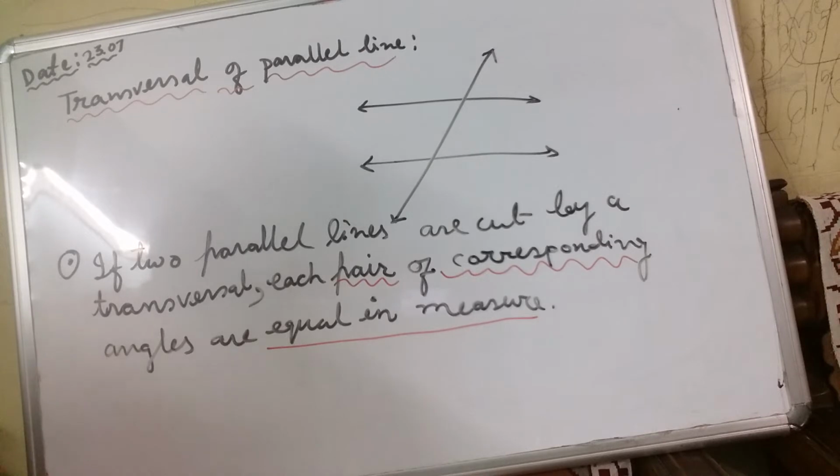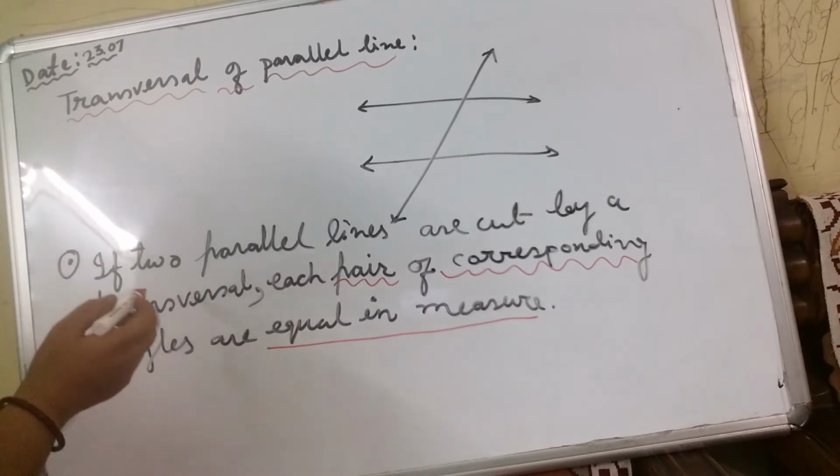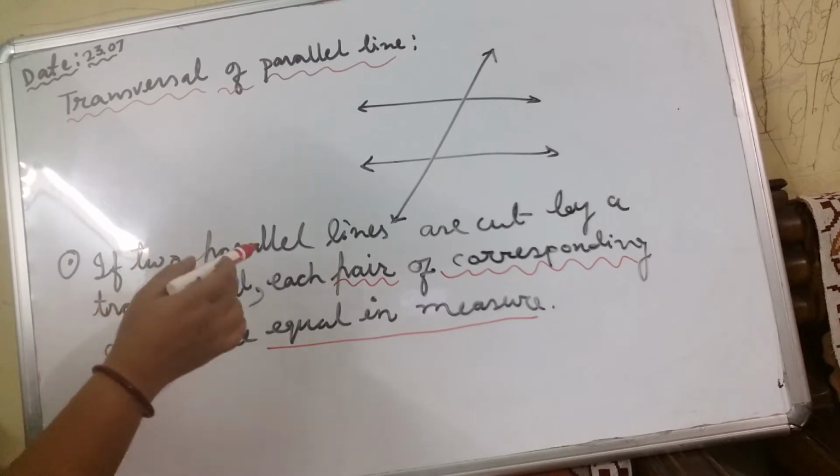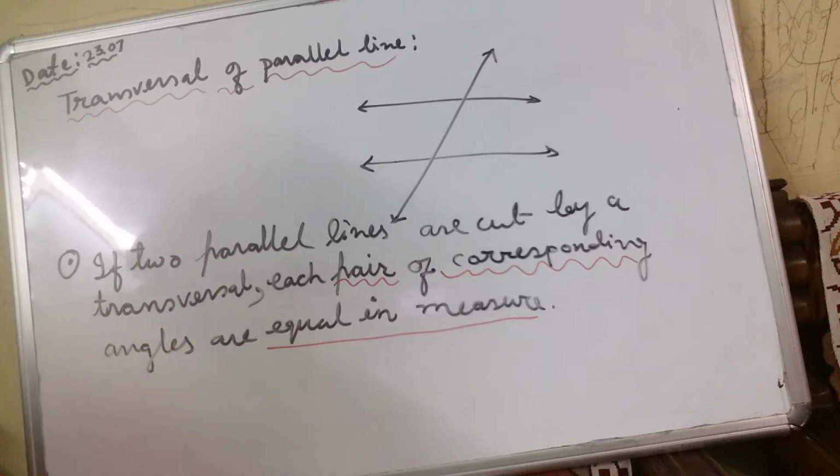Now we will talk about those relationships that are already established. The first relationship is: if two parallel lines are cut by a transversal, each pair of corresponding angles are equal in measure.